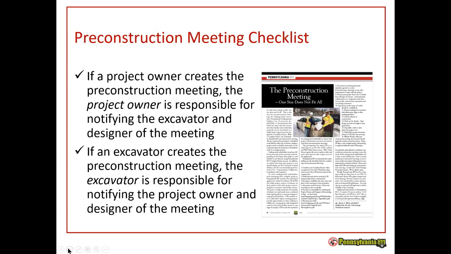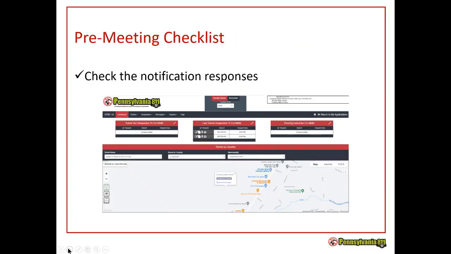And then we also receive an email each day. The liaisons have an email that we can check to see what meetings are coming up. So we try to reach out to you or come to those meetings in person and assist if you need us. So here's something important. The online ticket management system that Jim just told us about: you're going to want to check your notification responses before you go to the meeting so that you're very prepared.